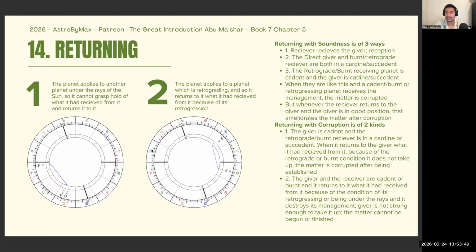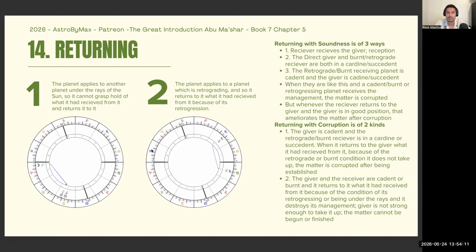And when they are like this, and a cadent or burnt or retrogressing planet receives the management, the matter is corrupted. But whenever the receiver returns to the giver and the giver is in a good position, that ameliorates the matter after corruption. So that's important here: when something is returned, it does corrupt the matter.